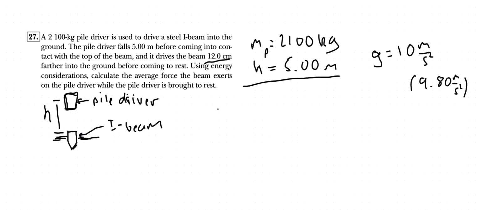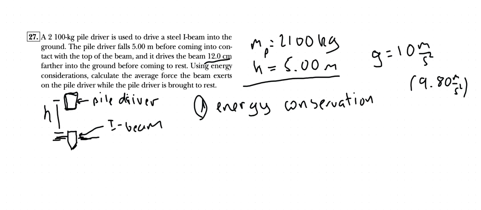And the first thing that happens is as this object falls 5 meters, it loses potential energy and picks up kinetic energy. Okay, so the first idea that we use is energy conservation.